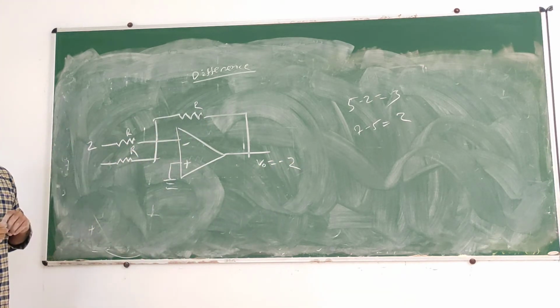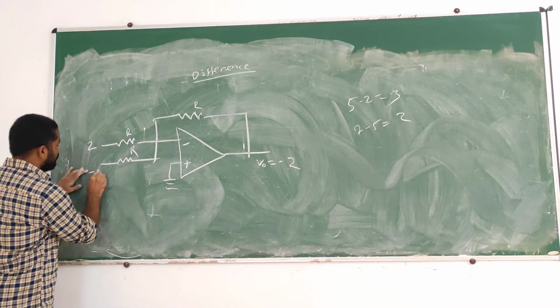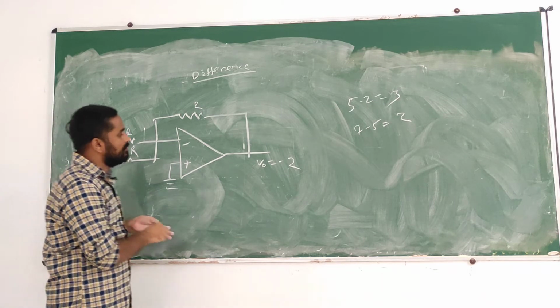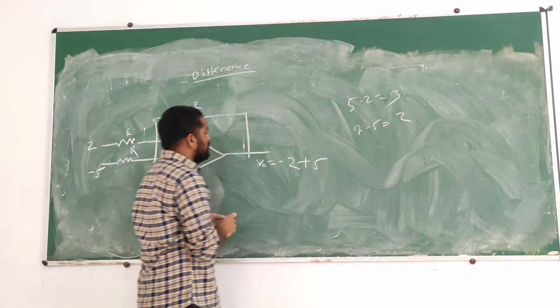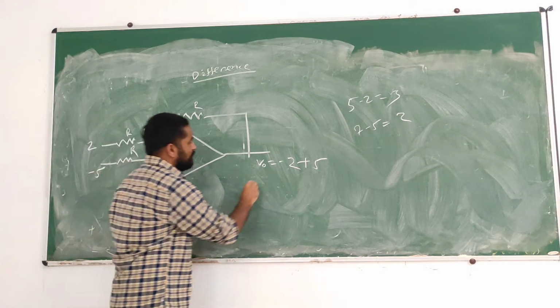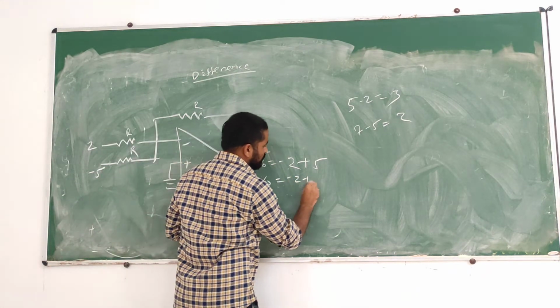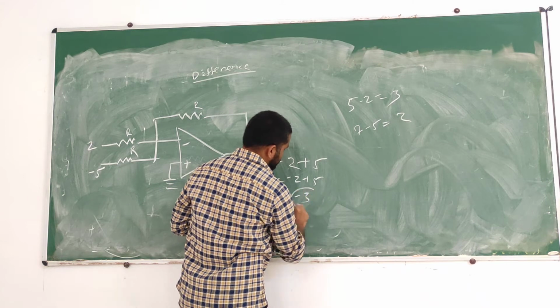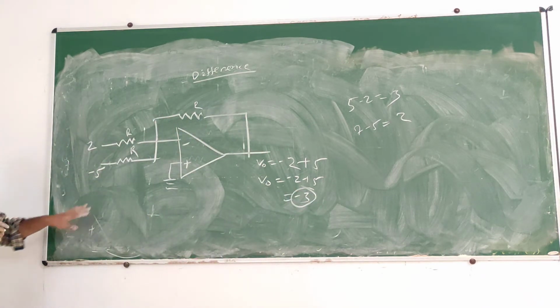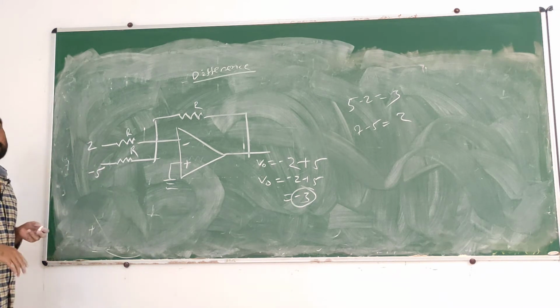Now you need the difference part, so you need to keep minus 5. The value of minus 5 will become plus 5 because the gain is minus 1. V naught will be nothing but minus 2 plus 5. This is how you can do it very easily, just by reversing the voltage terminal.